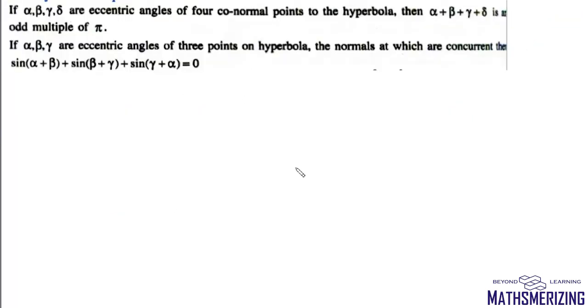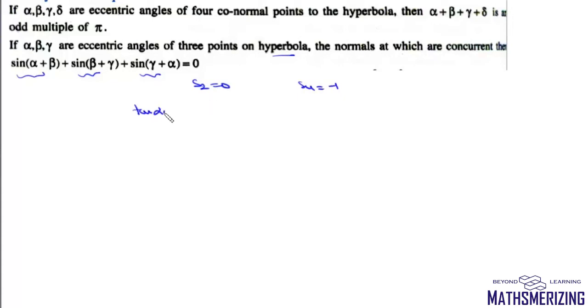Now another result in conormal points is if alpha, beta and gamma are eccentric angles of 3 points on the hyperbola, the normals at which are concurrent, then we need to prove that sine(alpha plus beta) plus sine(beta plus gamma) plus sine(gamma plus alpha) is equal to 0. Now while proving the first result, we have already established that S2 is 0 and S4 is minus 1. Now what is S2?